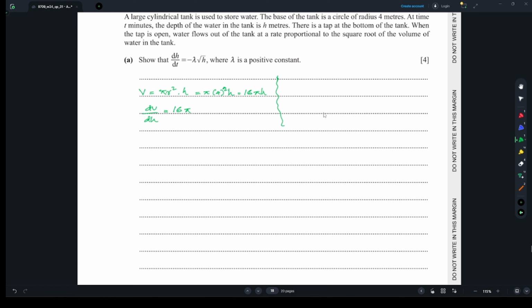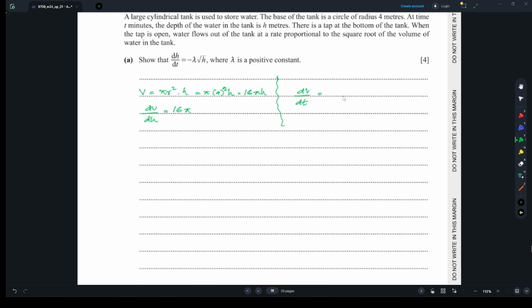Also, they say that when there is a tap and they open it, the water flows out of the tank. So here the rate is dv over dt. Why? The volume reduces, right? So it is the square root of the volume of the tank.